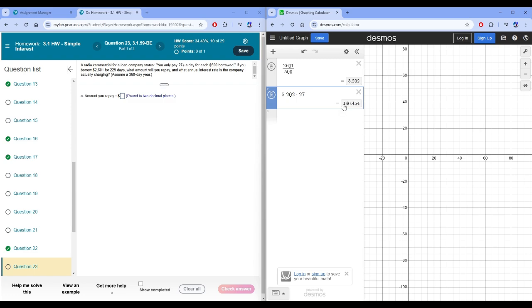They charge us $1.40 per day. Now what is that times 360? Control C, Control V, times 360 is how much you are going to be paying, but you're not doing that. You're doing this times 229.